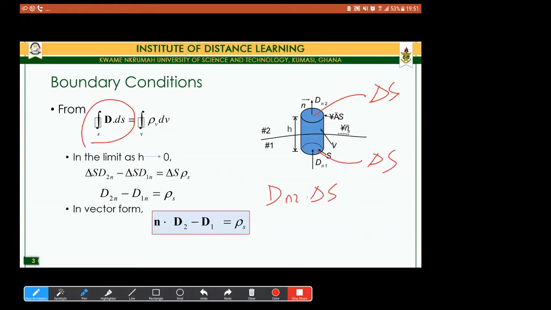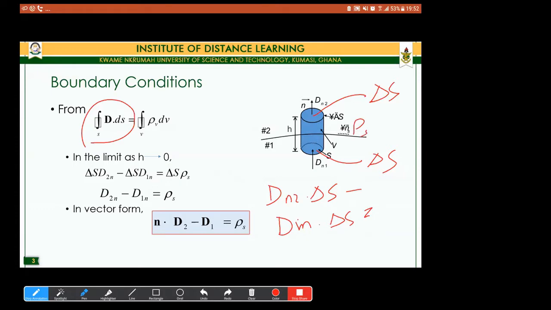While this is into the boundary, this is out of the boundary, so they are opposite of each other. So we have minus D1N in medium 1, also times delta S. And that should be equal to rho S, which is a charge here.